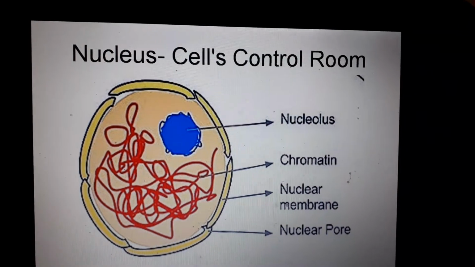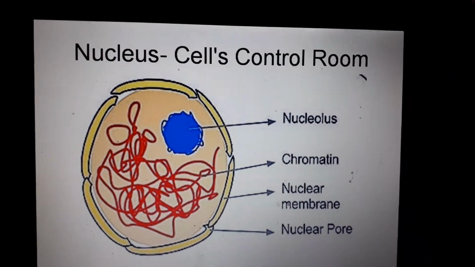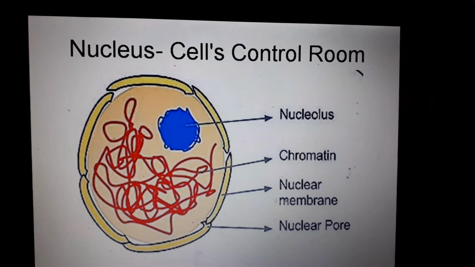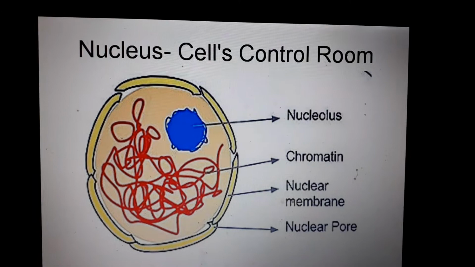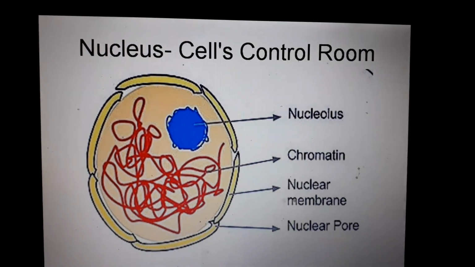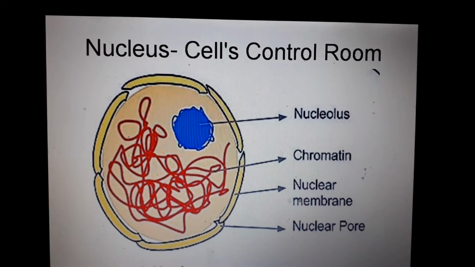For example, the nucleus helps in cell division and in regulating all the activities of the cell. All the genetic information that regulates a cell is stored in the nucleus.